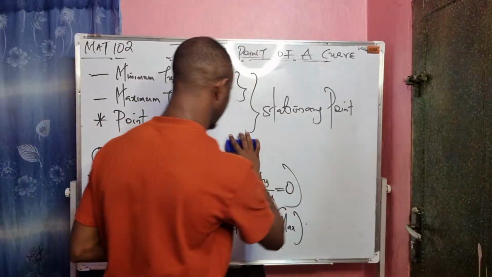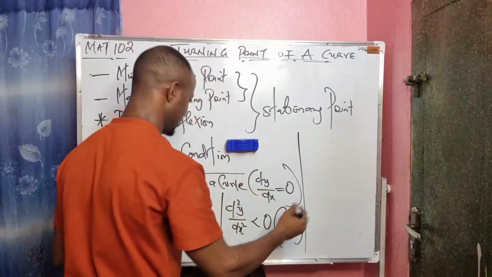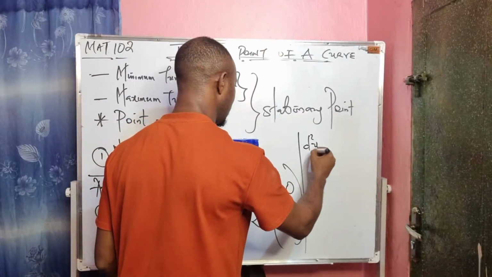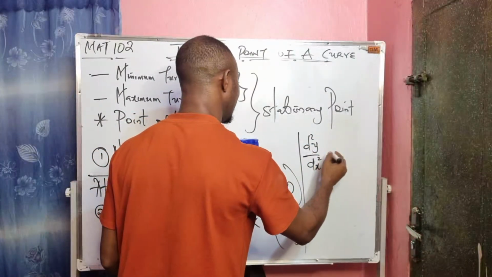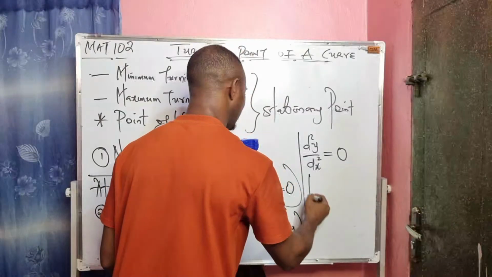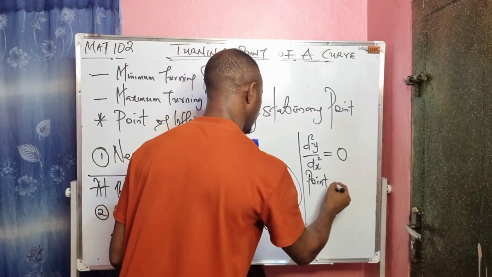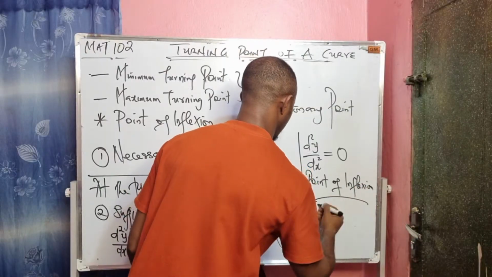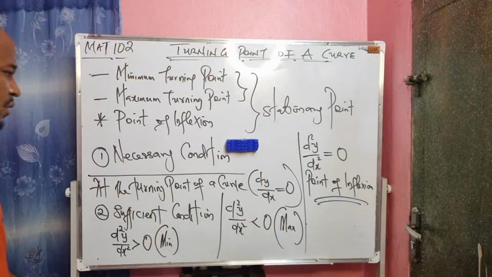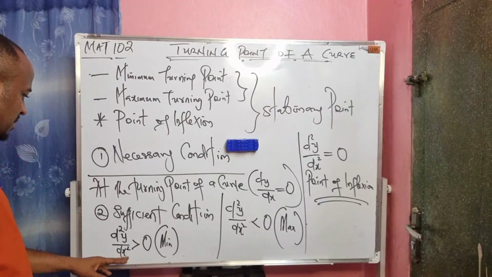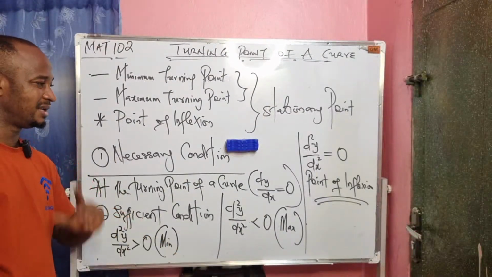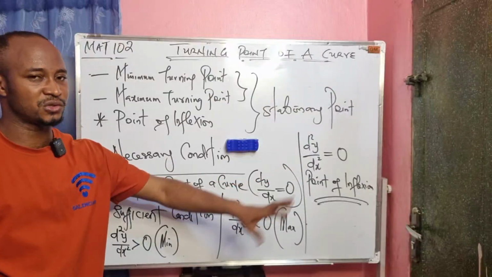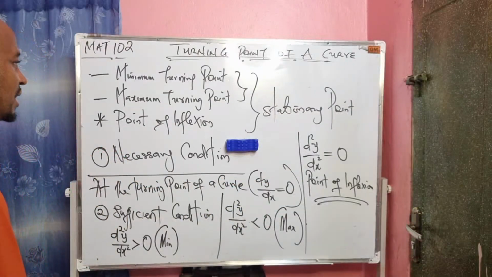But whenever d²y/dx² is equal to 0, we have what we call the point of inflection. Please take note of this. But the major one we're dealing with today is minimum and maximum. In my next class, I will focus on points of inflection.